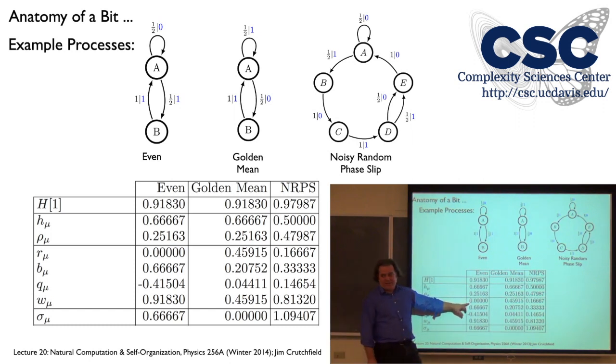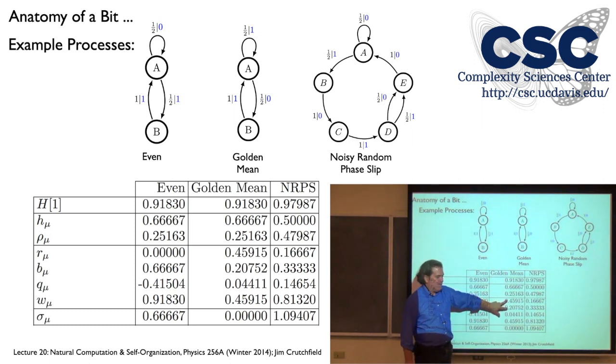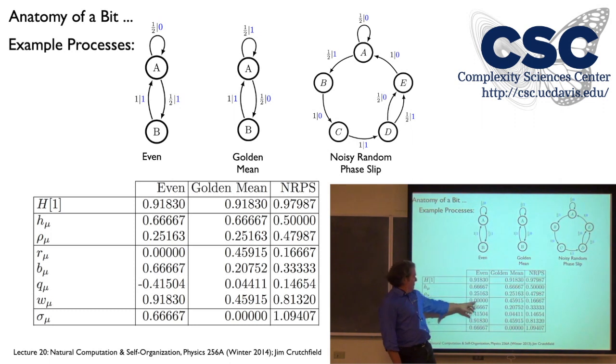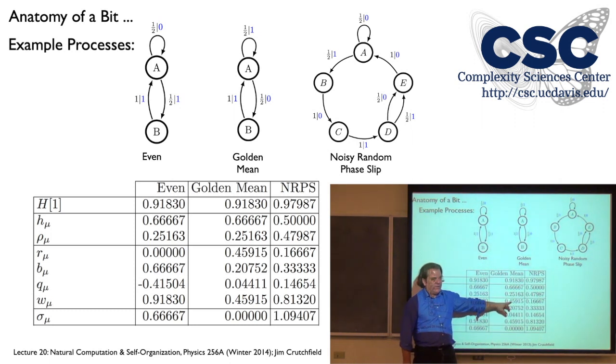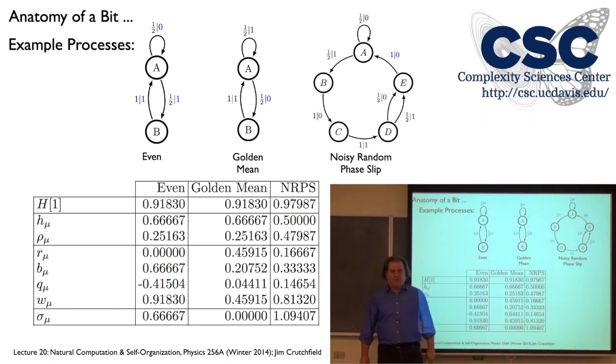For the even process, there is none. All the randomness it generates has to show up here in b mu, right? These two numbers have to add up to h mu. So all the randomness that's generated gets remembered. Whereas over here, for golden mean, there's some kind of split. Mostly the information generated is forgotten, and there's a little bit that's remembered.